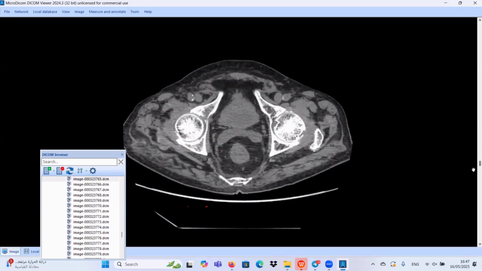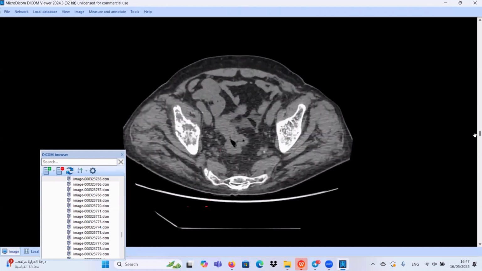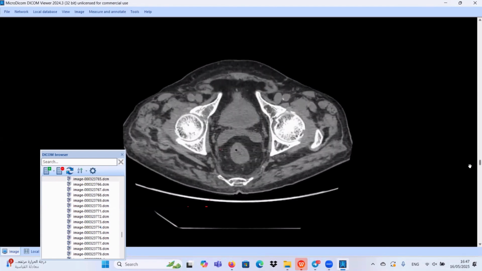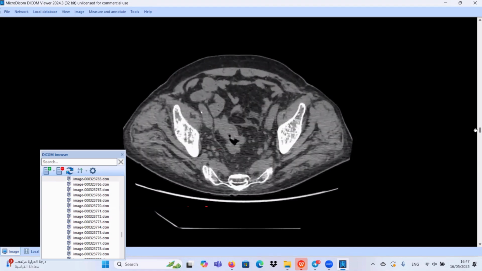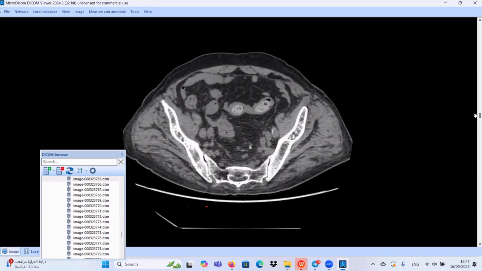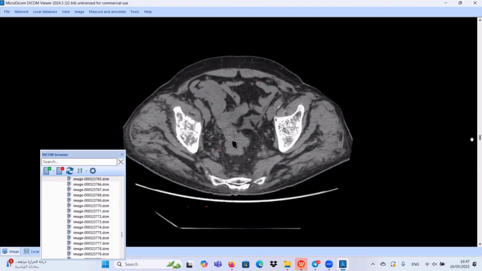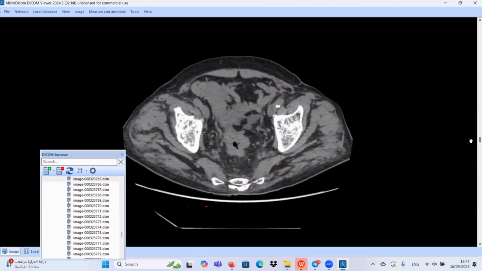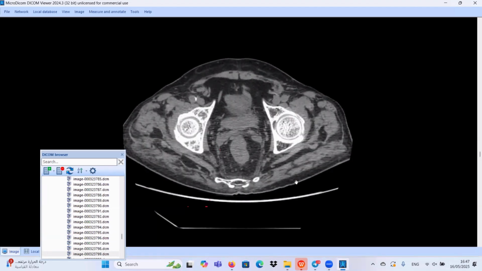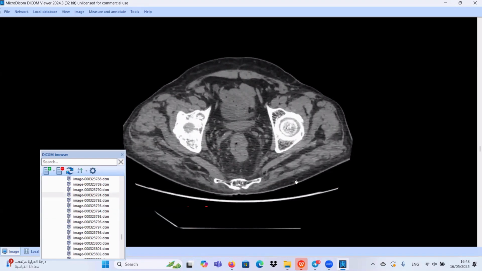I'm not sure, but really, I'm not happy with this area. I think there may be mural thickening and possible exophytic soft tissue component at this site. So even we have some mesorectal lymph nodes.